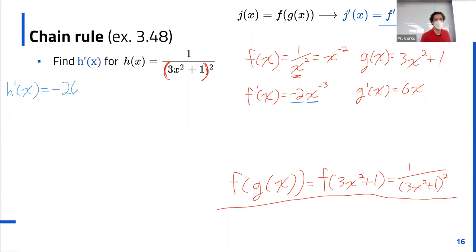So -2 times the inside function, 3x squared plus 1 exponent -3. So that's the f prime of g of x. That's the left part. And the right part is g prime of x, which is the 6x.